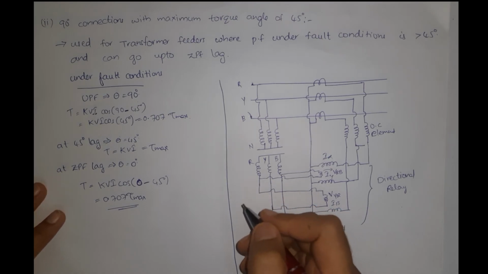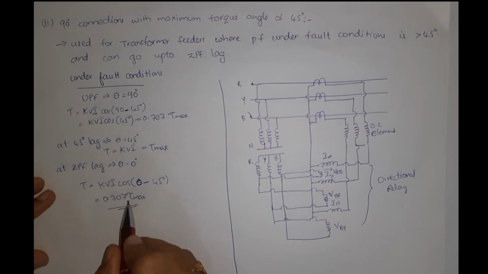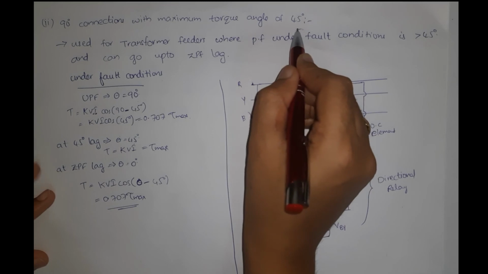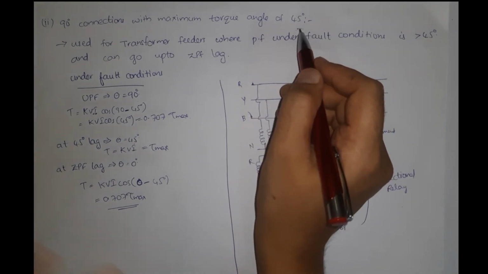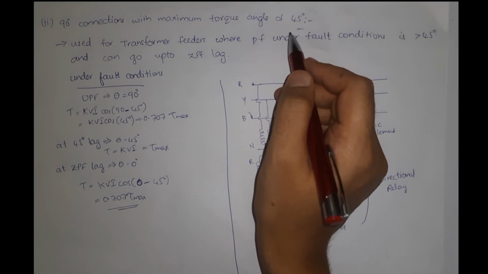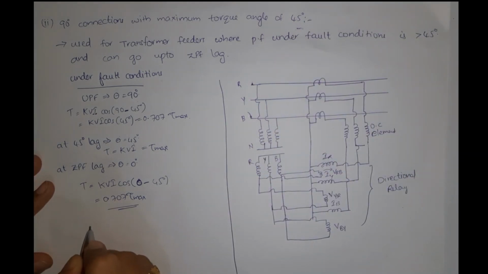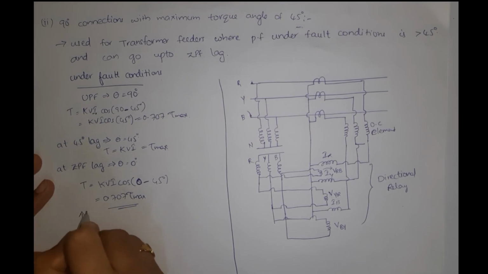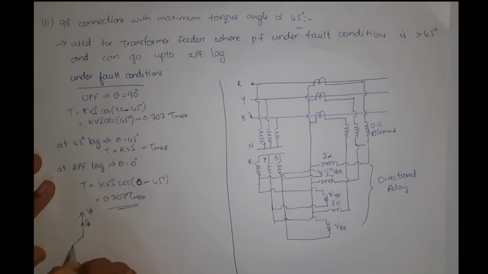So now let us see the phasor diagram corresponding to this one. Here the maximum torque angle must be 45 degrees. So how will we obtain that maximum torque angle? To obtain maximum torque angle 45 degrees, let me take VR, which is in phase with IR as it is unity power factor, that is a condition to be assumed.